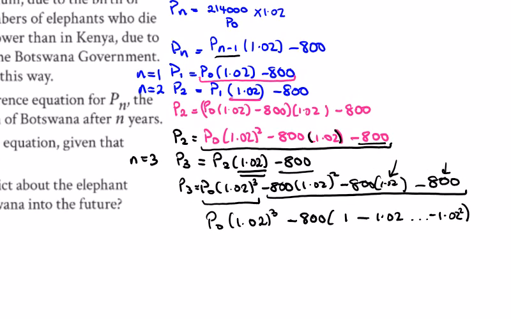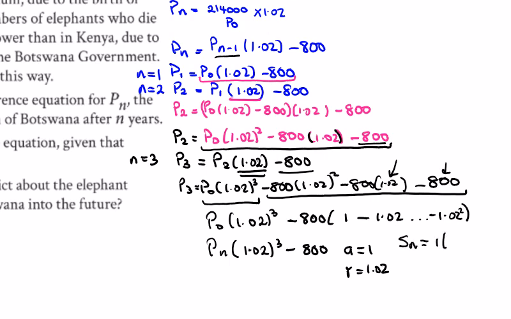So in terms of n, we're going to get Pn by 1.02 to the power of n minus 800 times this geometric sequence where a is equal to 1 and r is equal to 1.02. So we just do that one on its own.